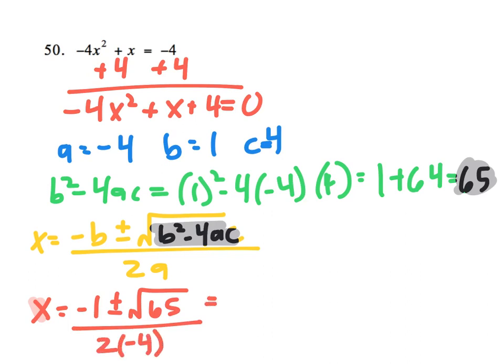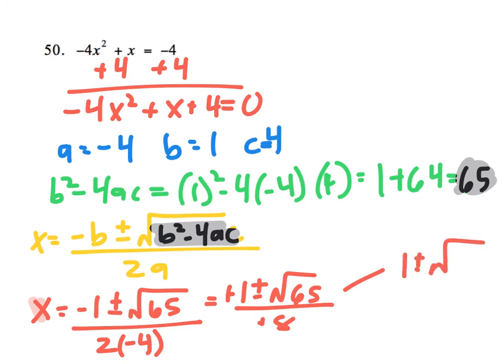If we simplify, we really have -1 plus or minus the square root of 65, all over -8. Technically, these negatives kind of cancel each other out. So I would say your final answer is 1 plus or minus the square root of 65, all over 8.